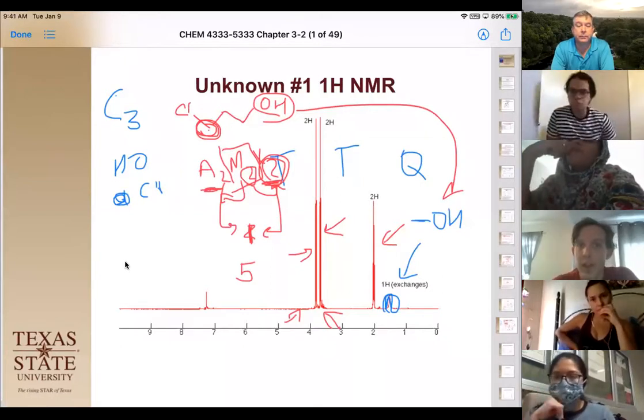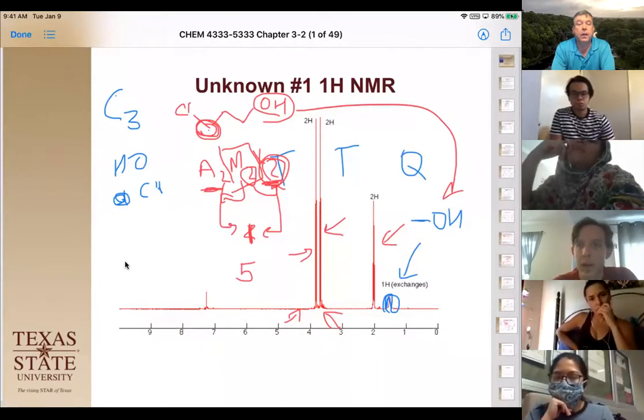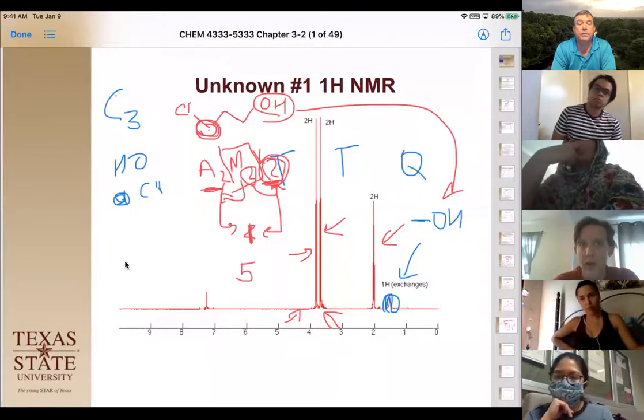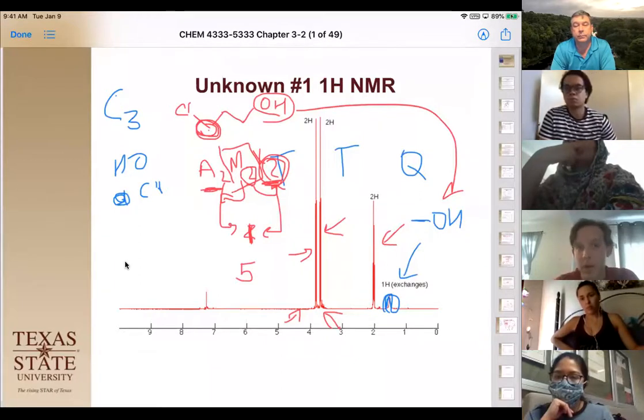In this case, it has an A, M, and X, but not every molecule would. If you only had 2 things, you would have an A and an M. X can be an OH sometimes. On that ethanol, I used X as the OH. That was my confusion, and so now I see. So the A, the M, and the X in this case is just referencing the 3 pairs of protons on the carbons in the chain.